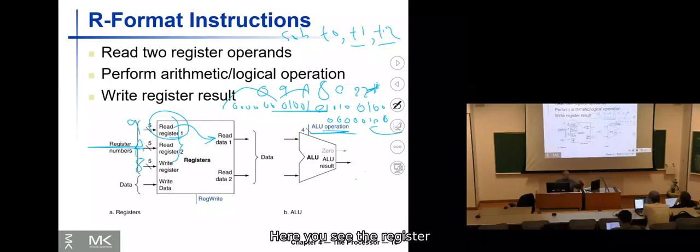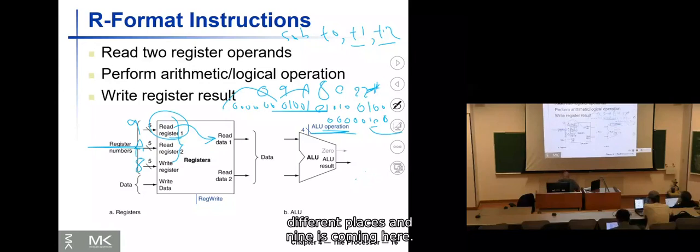So you see, the register file has been fed with the bits of the instruction. The instruction has been read in the previous slide. It came out from the instruction memory, and each bit goes to different places.